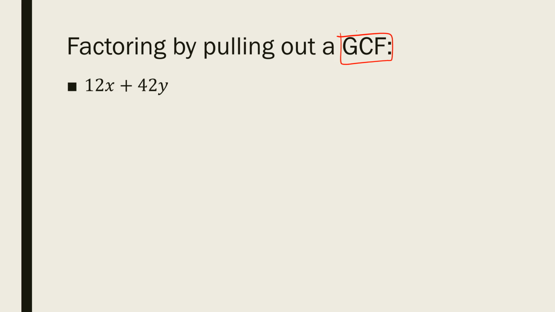Now, hopefully you remember that GCF stands for greatest common factor. I usually just say GCF because I don't want to say greatest common factor every time. It is a mouthful. The greatest common factor is the biggest thing, or the biggest term maybe, coefficient and variable, that I can pull out of both of this and this.